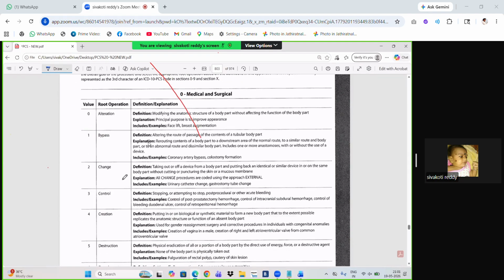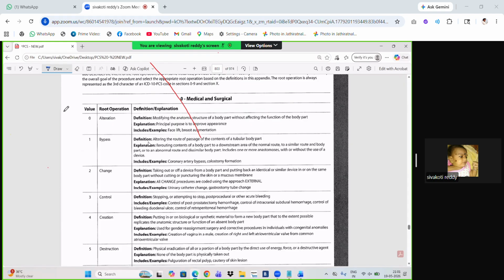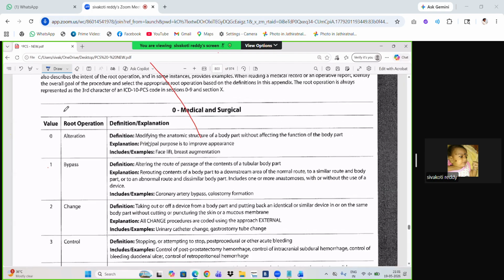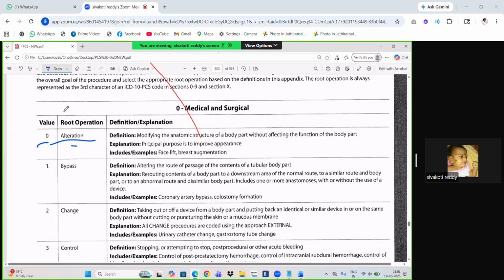Here we have the value, root operation name, definition, explanation, and examples. These are fixed values, guys. If the procedure's third character is 0, it means alteration; 1 means bypass; and so on.